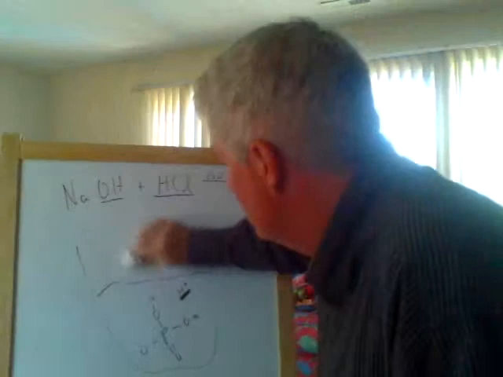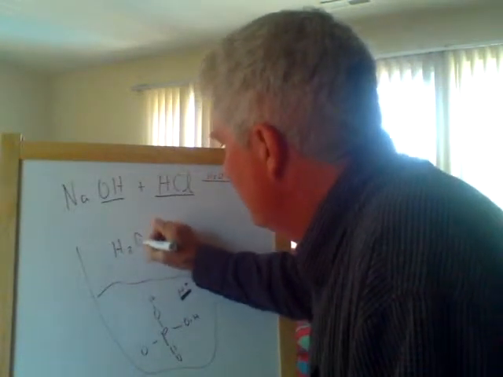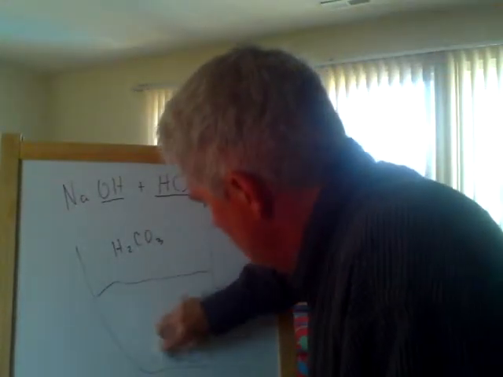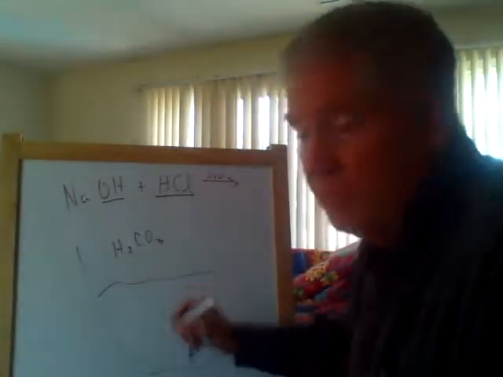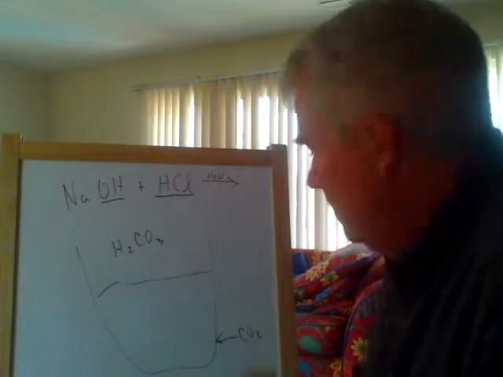Another weak acid, just to draw it, is something called carbonic acid, which we know as sparkling water. When you dissolve this, basically you dissolve it by pumping in CO2 gas.